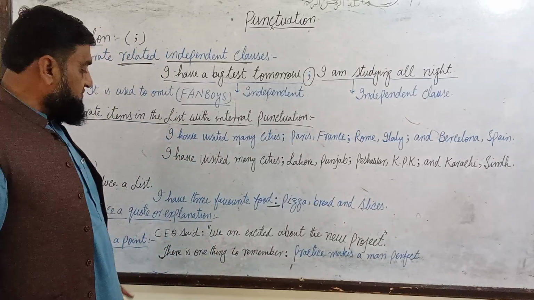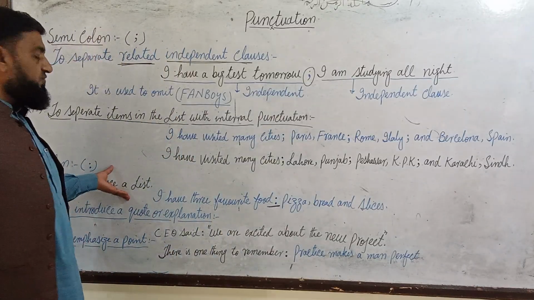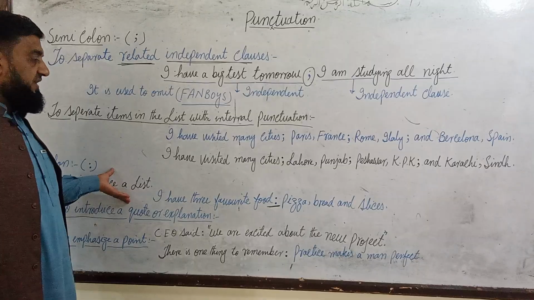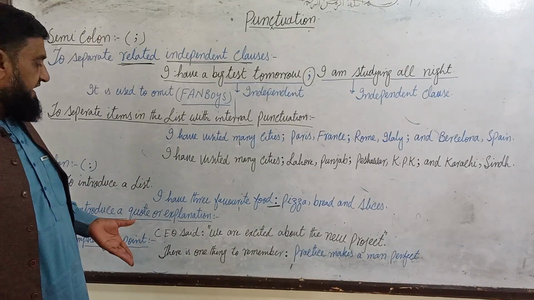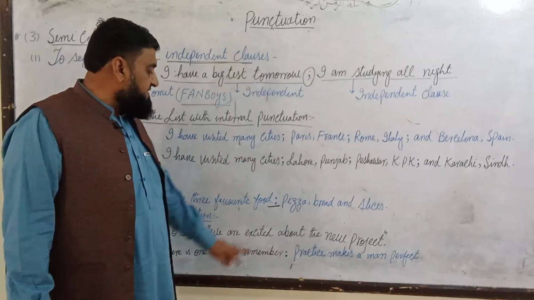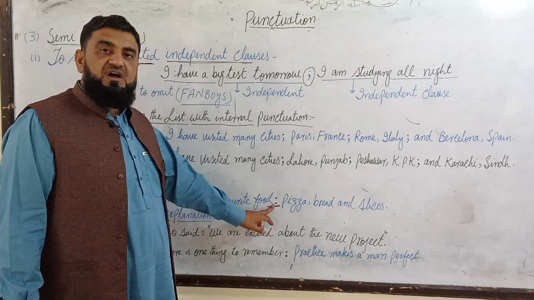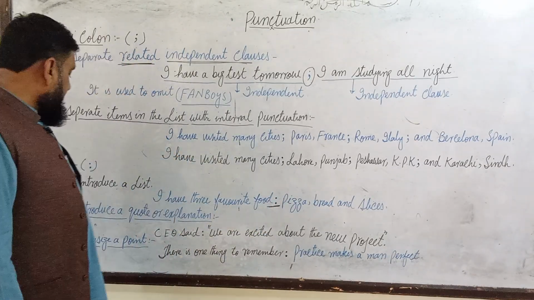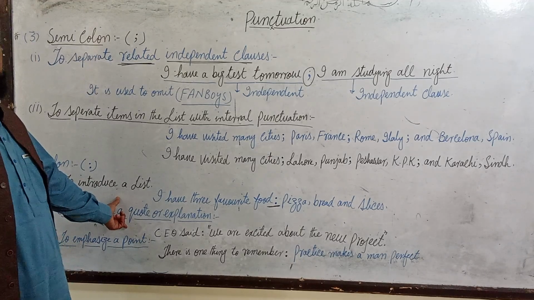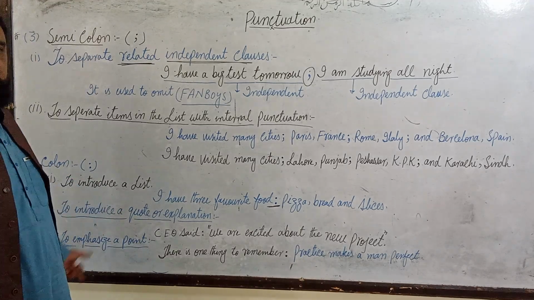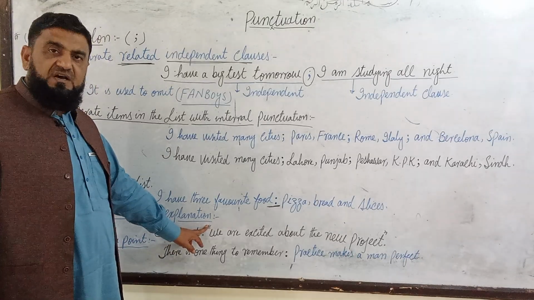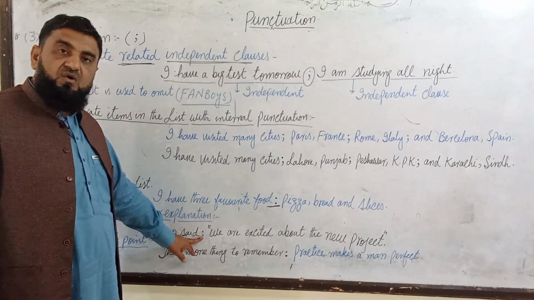So colon contains three important usages. One, when we are introducing a list and we are separating items within the list. For example, I have three favorite foods: pizza, bread and slices. So before pizza, there will be colon. And the next thing is when we are using a quotation of someone, in the words of that personality, we are using quotation marks as well, and we are using colon as well.